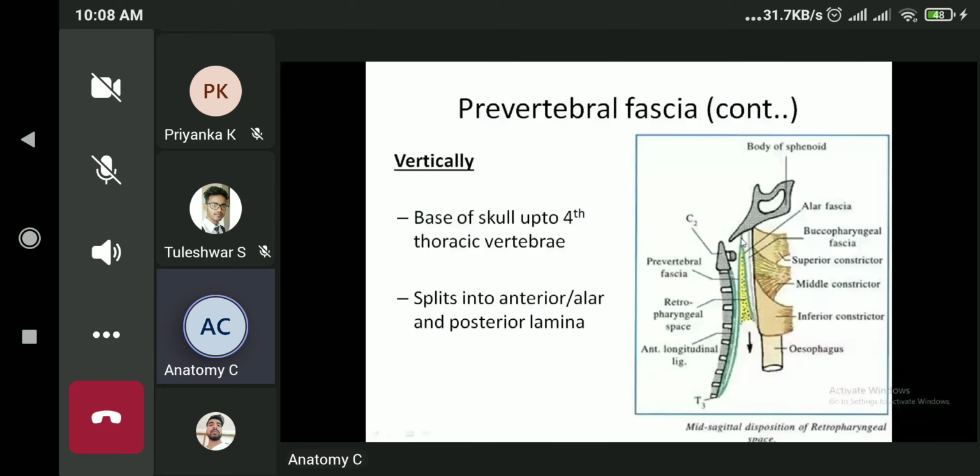Then it splits into two layers: the anterior layer and the posterior layer. The anterior layer is considered the alar lamina, and the posterior layer is known as the prevertebral lamina, or sometimes the posterior layer is considered the true prevertebral fascia.